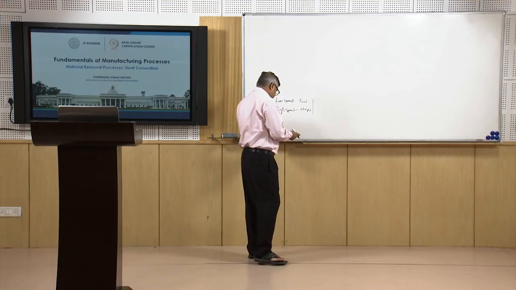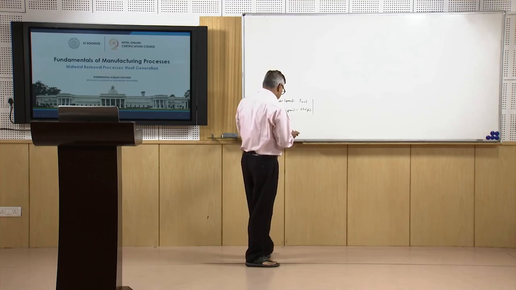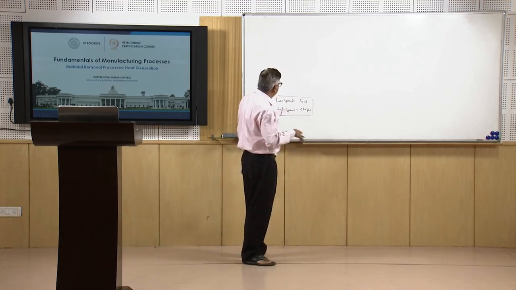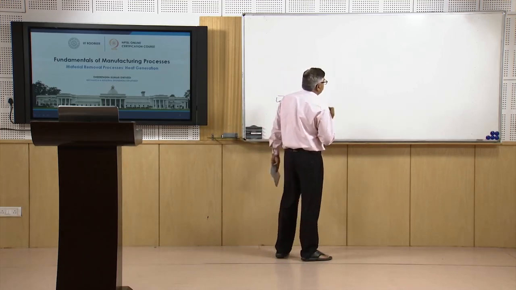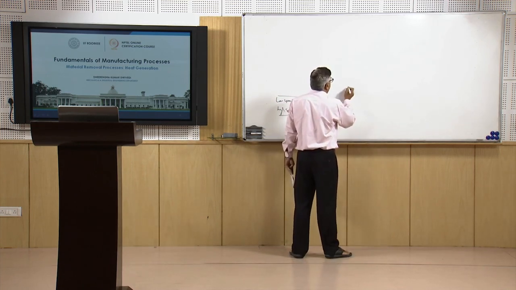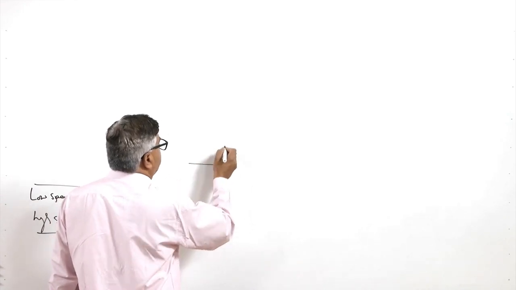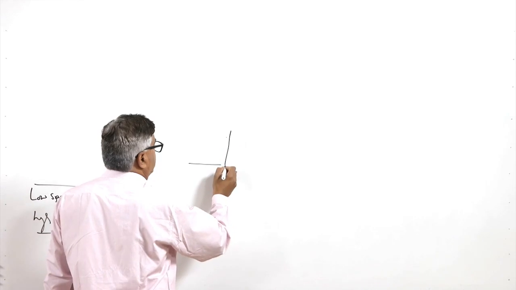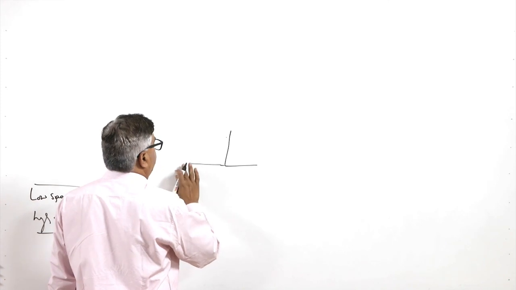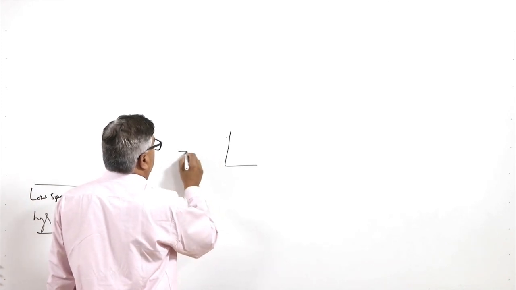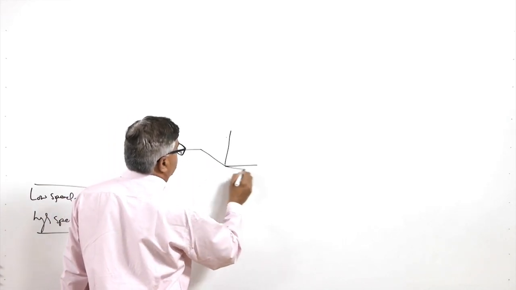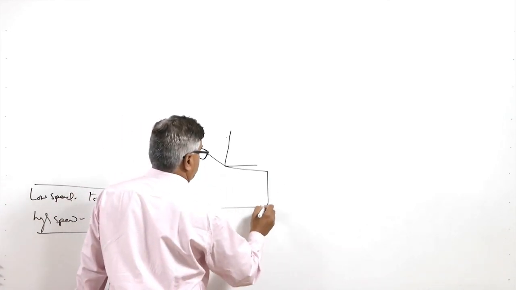Over a period of time, people have developed experiments for measuring the temperature of the tool and the workpiece. Like, in one typical example, this is the rake face, this is the tool, this is the workpiece, this is the shear plane angle, this is the machined surface.